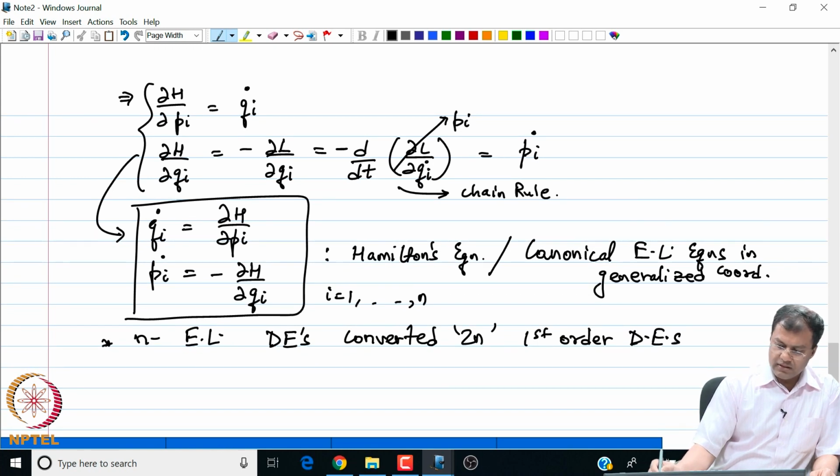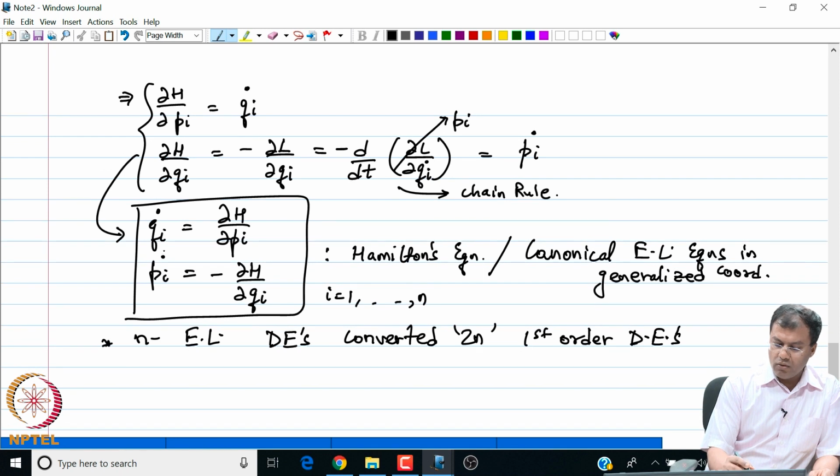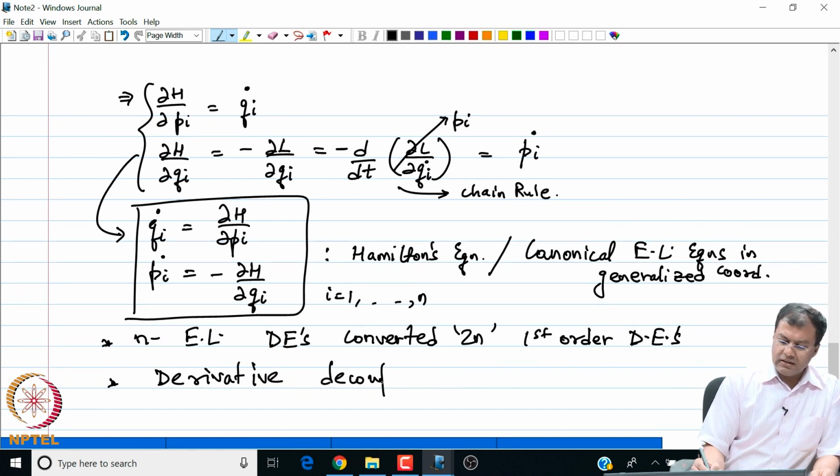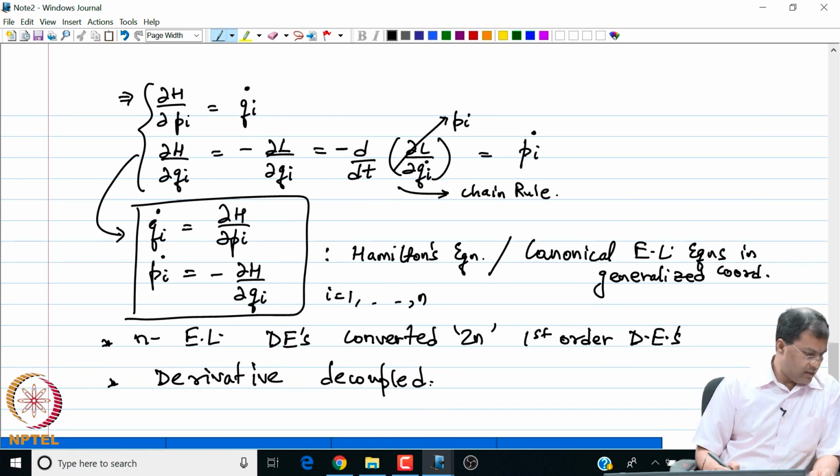Also note that the derivatives of q and p have been decoupled. In this setup the derivatives have been decoupled, so this set of equations is quite easy to solve, and comparatively easier to solve than the Euler-Lagrange equation.